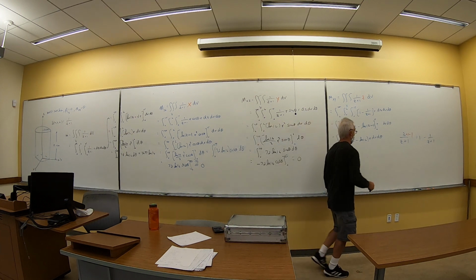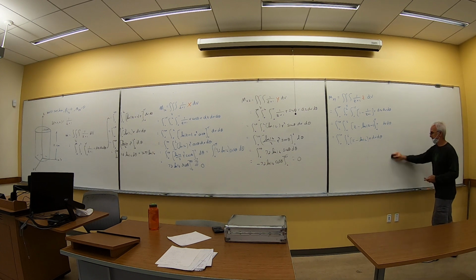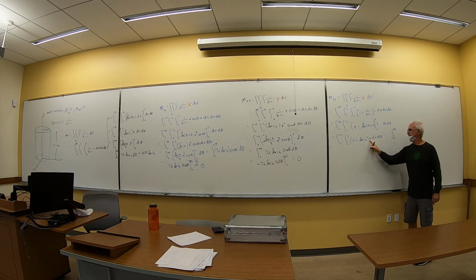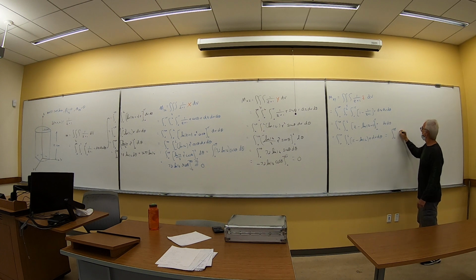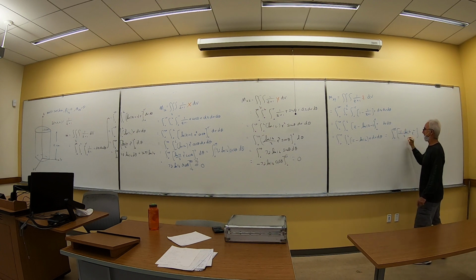That's just a constant, and by the way, it's positive. 15 is a lot bigger than log 16. I'm integrating with respect to r. So how about 15 minus log 16 all over 2? It's just a constant. 0 to 6 d theta.